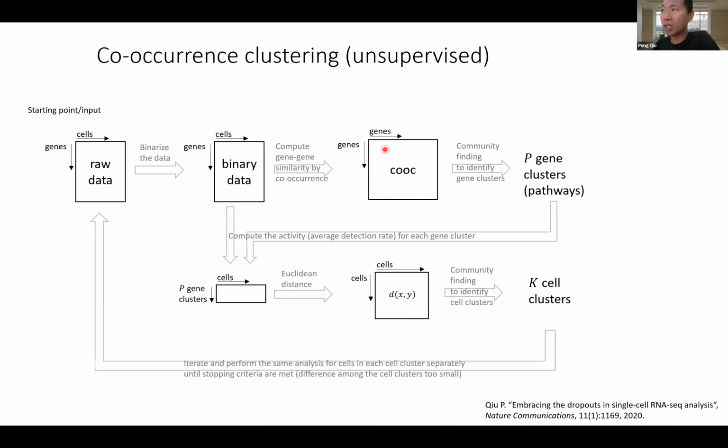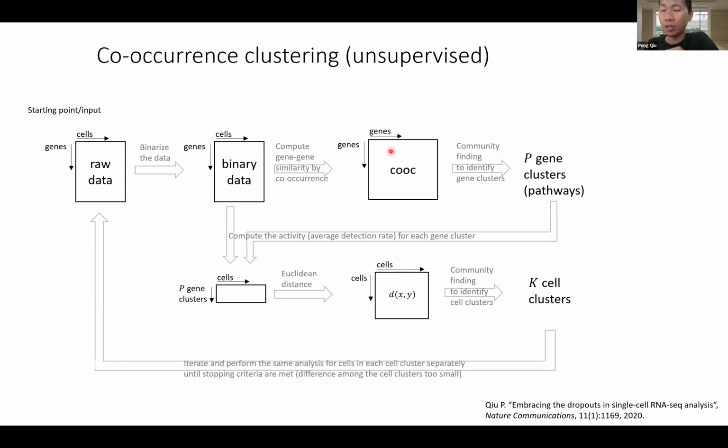And each element describes the co-occurrence of two genes. By co-occurrence, I mean a statistical quantification of how likely two genes are detected in the same set of cells, and also undetected in the same set of cells. If that's the case, then these two genes would co-occur and the corresponding value here will be close to 1.